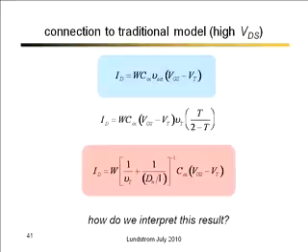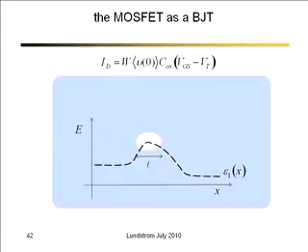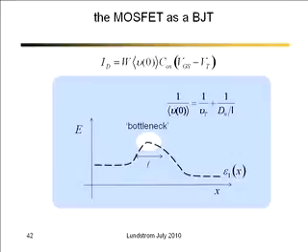How do we make sense out of that? Okay, so the way to think about that is we think about this little bottleneck. It's sort of like the base of a bipolar transistor. Current is injected from the source into this bottleneck region. It's got to get across the bottleneck region. If there's some scattering, it's going to do some kind of random walk. Once it gets across that bottleneck region, it just gets swept out into the drain.